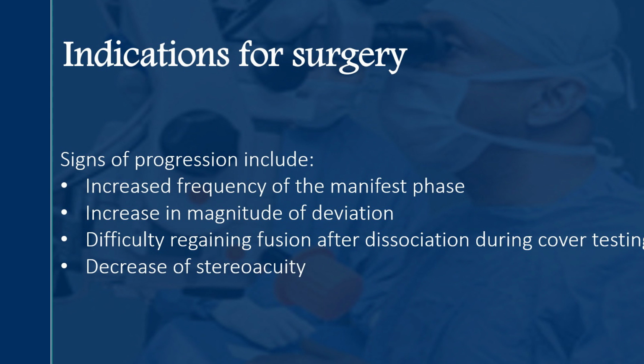Of course, there must be signs of progression. What are the signs of progression? First of all, increase in the frequency of the manifest phase. Second, increase in magnitude of deviation. Third, difficulty regaining fusion after dissociation during the cover test. Lastly, decrease of stereo acuity.